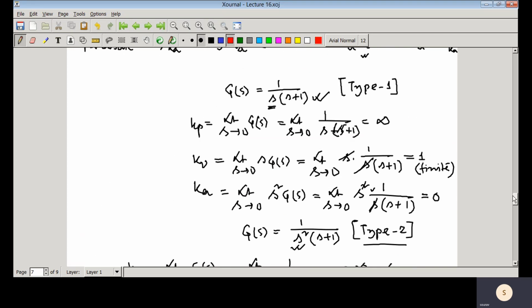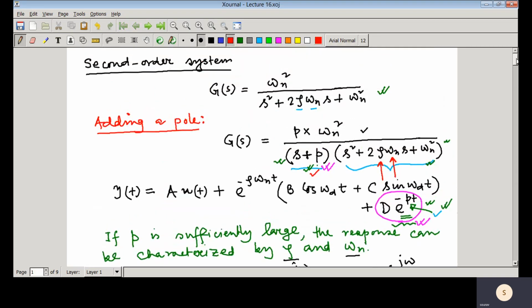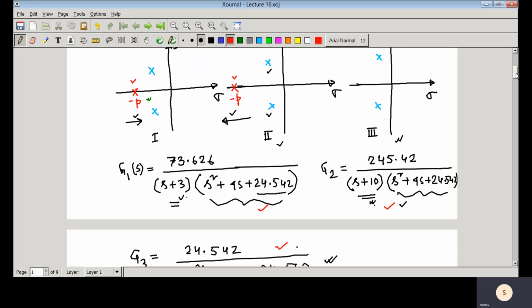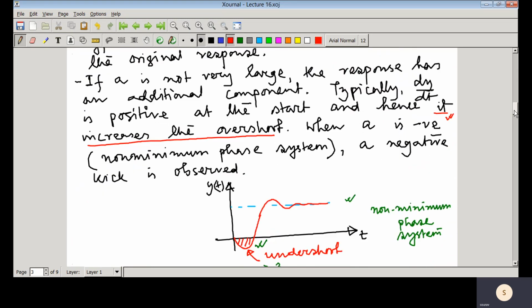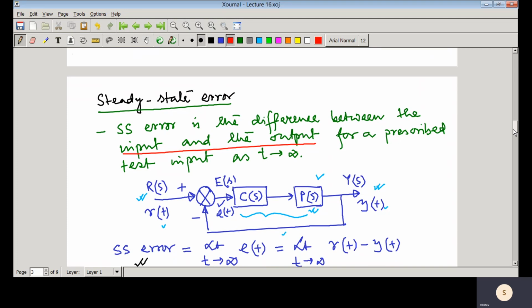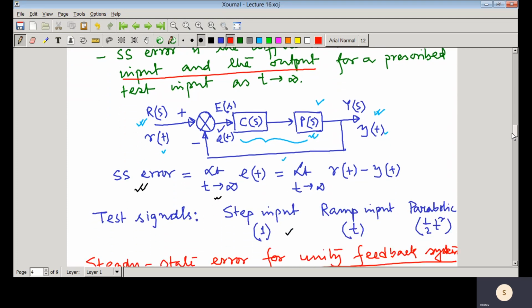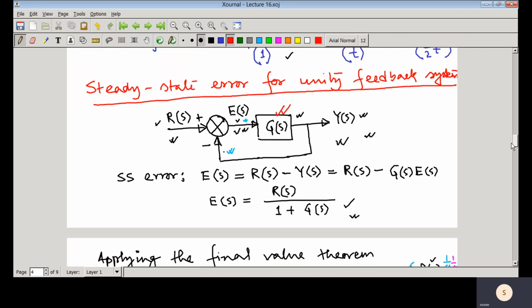So today what we have discussed in this lecture, we have discussed what happens if we add a pole and zero to that normalized transfer function, how that response differs from the original one. The second, we have defined what is steady state error, and we have started discussing the unity feedback system, and we have defined three constants.